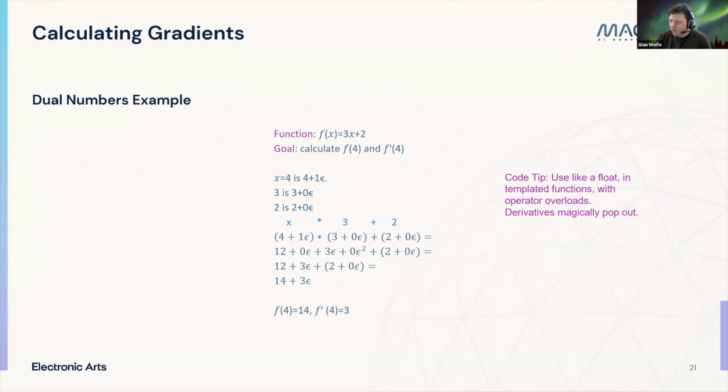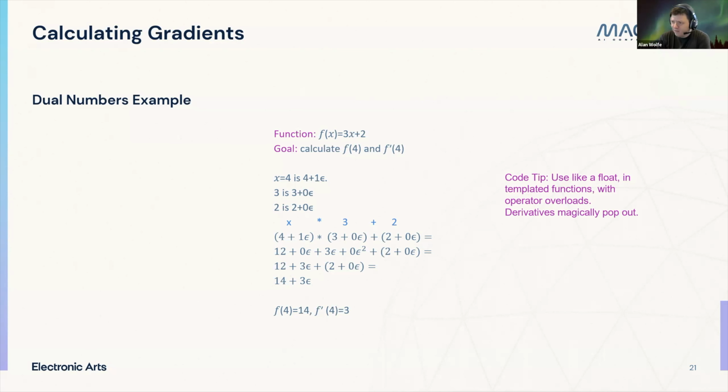So let's work through an example real quick to see how this works. Let's take the function 3x plus 2, which is just a line. Let's say that we want to calculate it at f of 4, and we also want to get the derivative at f of 4. What we do first is make dual numbers out of x, 3, and 2, our variable as well as our constants.